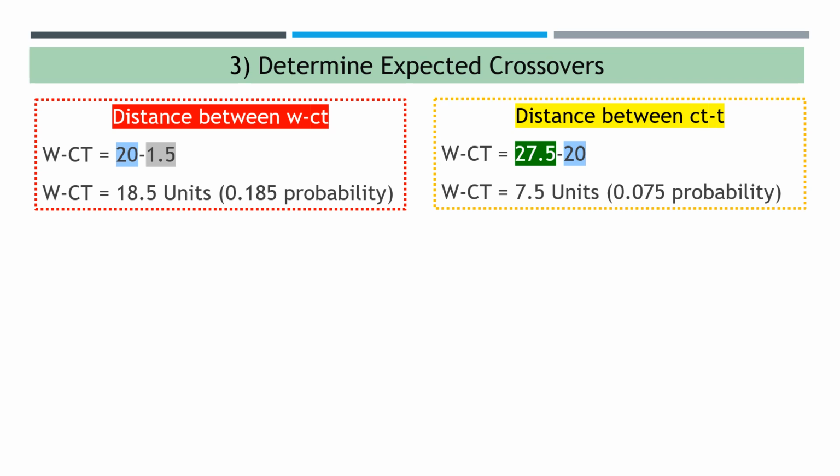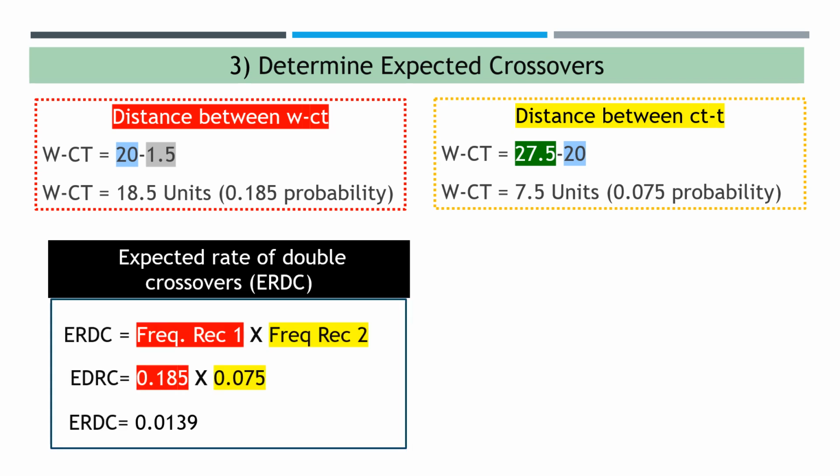Okay, so now that we have these 2 probabilities, we're going to multiply those to calculate the expected value of the crossover. Okay, so it's pretty easy. Here we have the expected rate of double crossover, and just to make it easier, to not make it too long, I created this name, ERDC, just for this exercise.